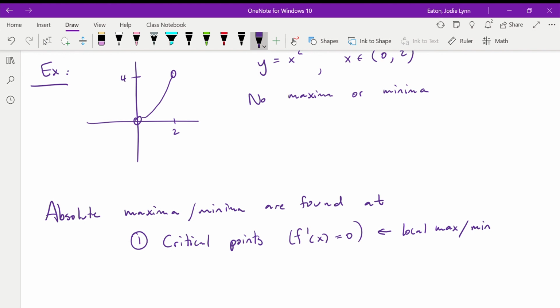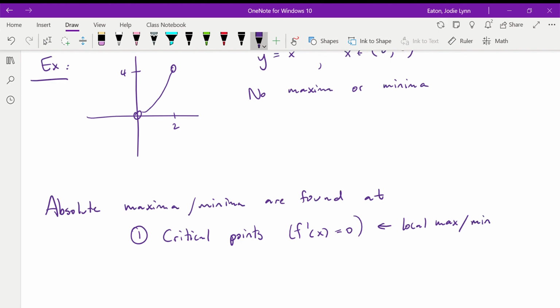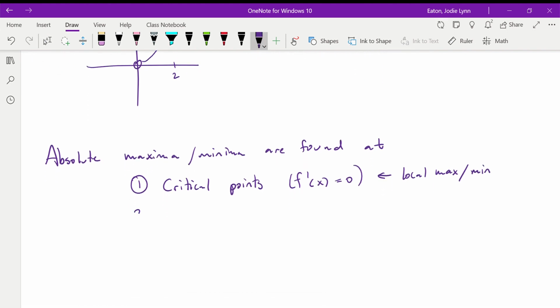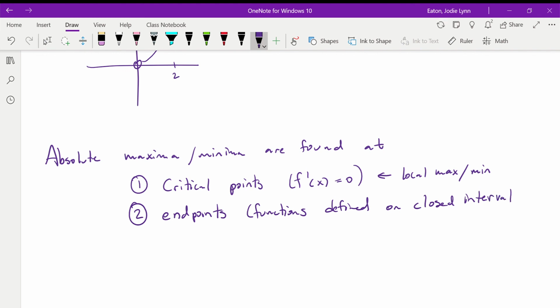They're not necessarily all going to be local maxima or minima, but this is where you would find them. The other place that could be an absolute maximum or minimum is endpoints for functions defined on closed intervals. And these endpoints cannot be local maxima or minima, as we saw in a couple of the graphs.